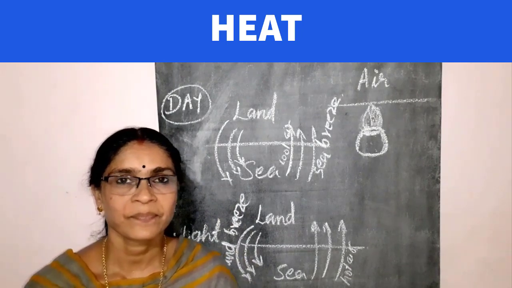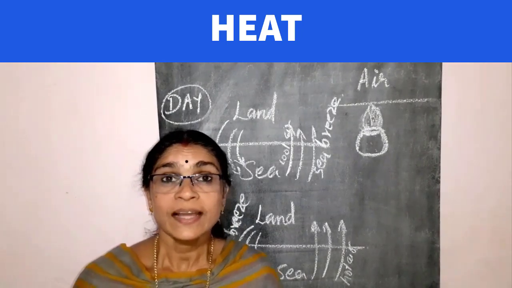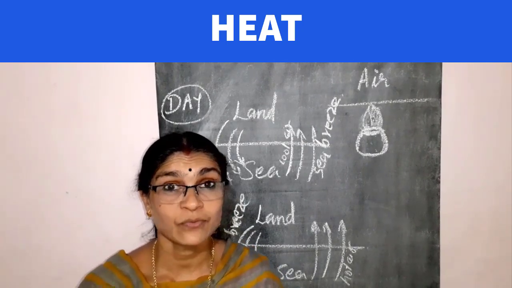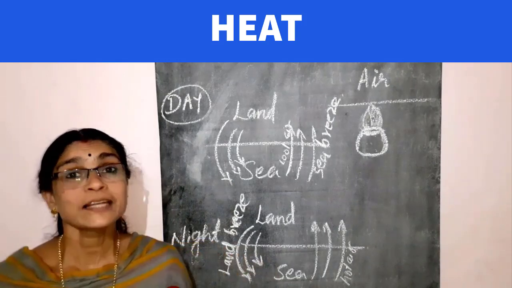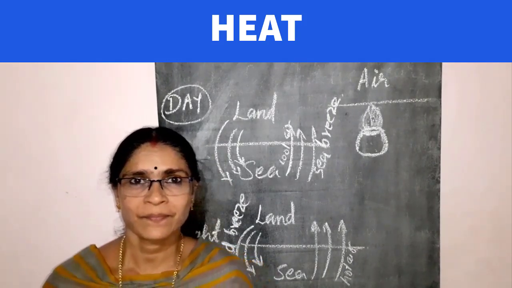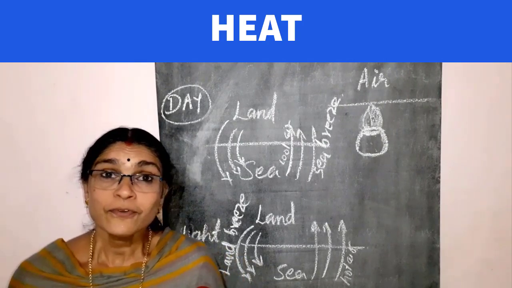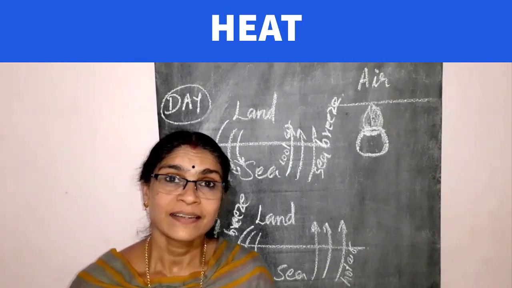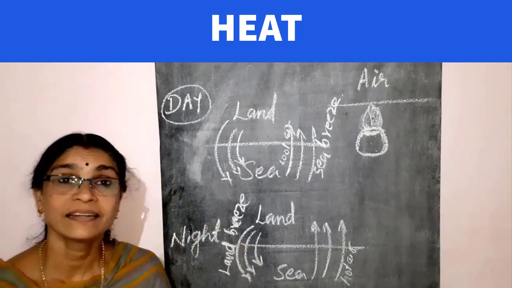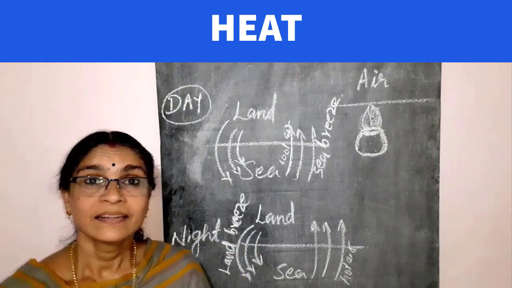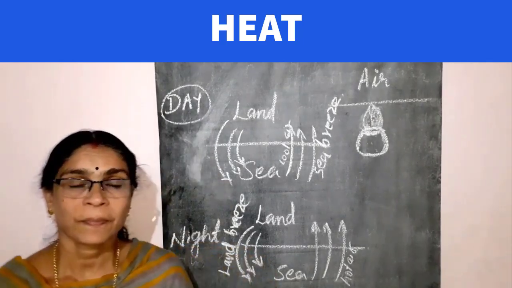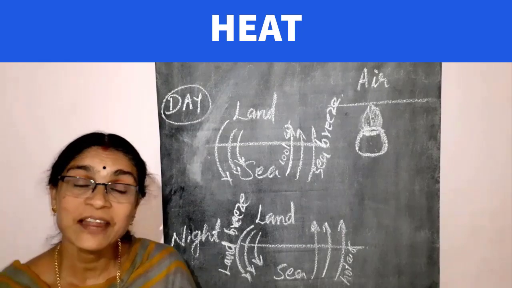Okay. More than these types of dresses, we already studied about woolen clothes. Woolen clothes keep us warm during winter. Woolen clothes are poor conductors of heat. Moreover, there are air spaces between the woolen fibers.